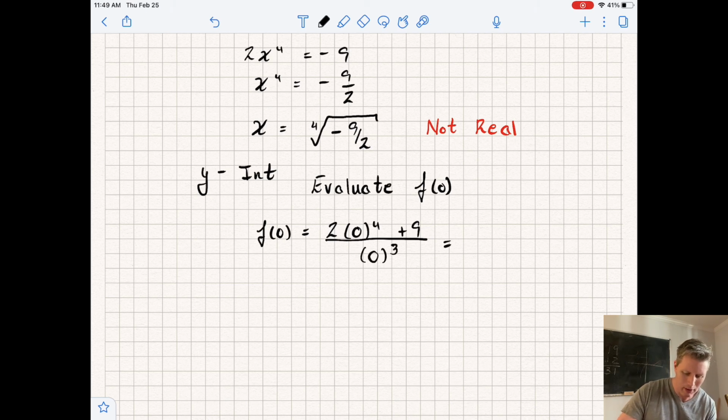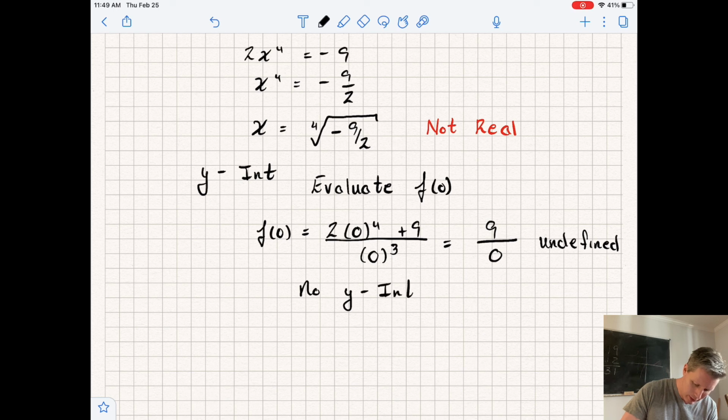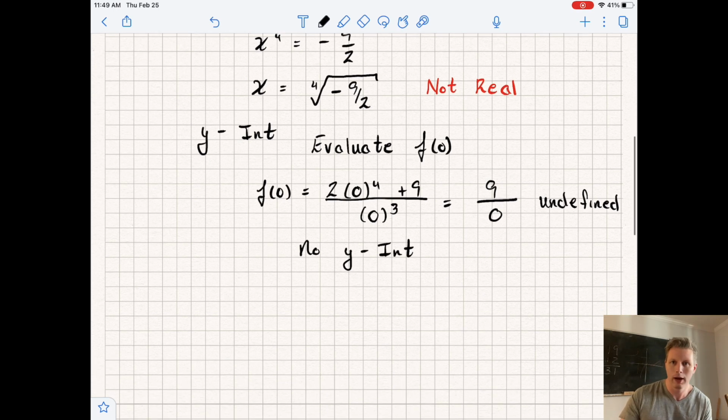I see that upstairs I have a 9 in my numerator, and I have a 0 in the denominator. That means it is undefined, right? So this is undefined. And because this is undefined, what that tells me is I have no y-intercepts either. So I have no x-intercept and I have no y-intercept.